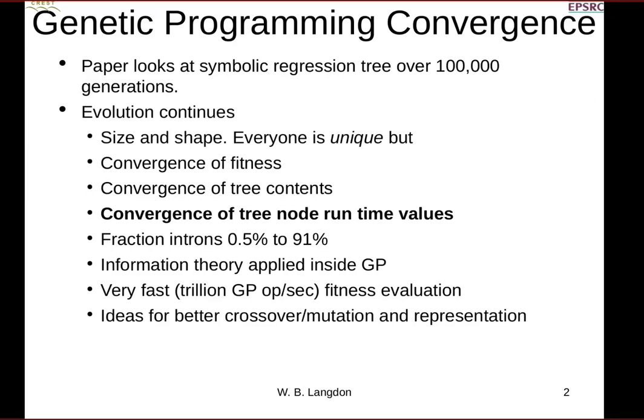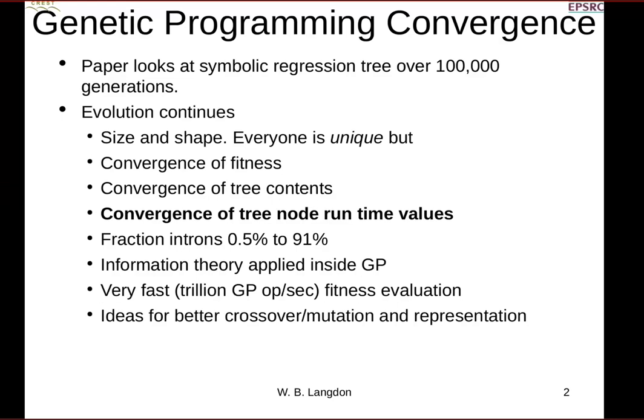We start by looking at the size and shape. Although the populations converge, we have to be careful what we mean by that, since everybody in the population is unique. The paper considers the convergence of fitness, and the convergence of nodes within the trees.